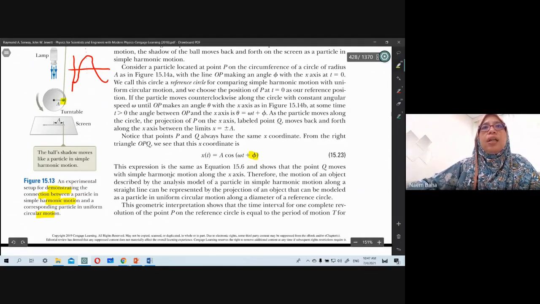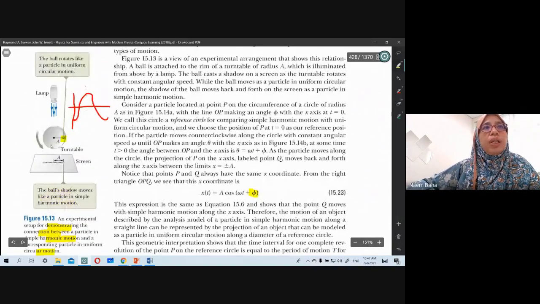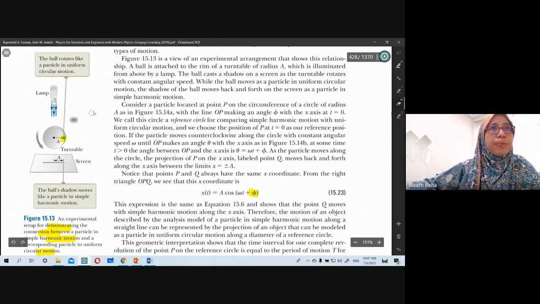Now, what I want you to see is this picture shows, okay, to the right. All right, this figure is not related. Okay, so at t equivalent to 0, the object is at positive amplitude.